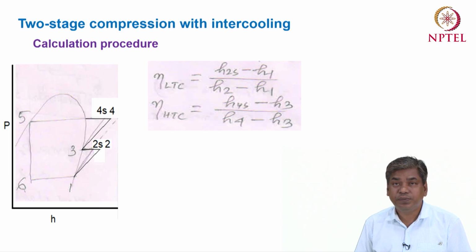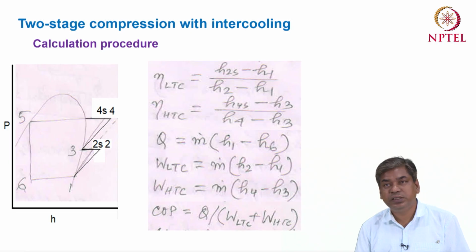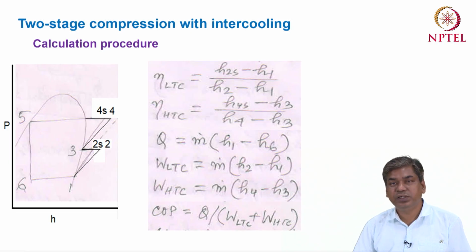Okay, so after the evaluation of the enthalpies of the cycle, we can calculate the performance parameters of the cycle. The cooling capacity we can write as m dot into H1 minus H6. Then the low temperature compressor work is m dot into H2 minus H1.